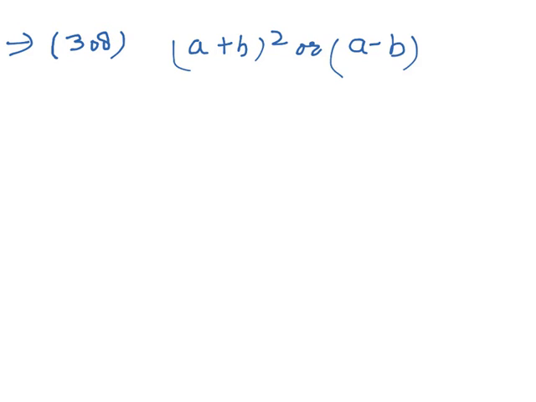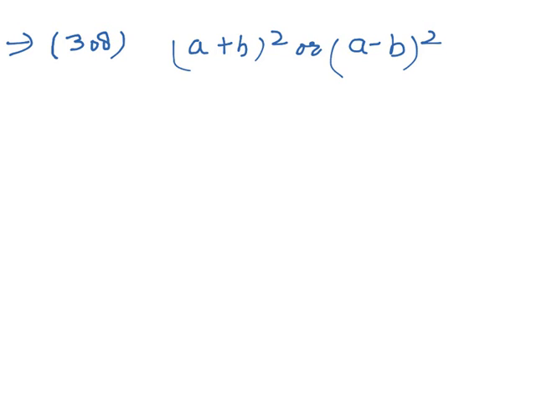And the next thing is, if we have to find out the square of a large number, what can we do? If we have a number like 308, instead of multiplying 308 two times, what can we use? We can use the formula (a plus b) whole square or (a minus b) whole square.